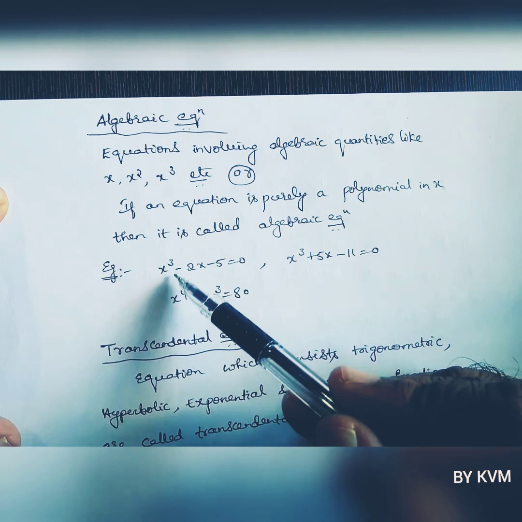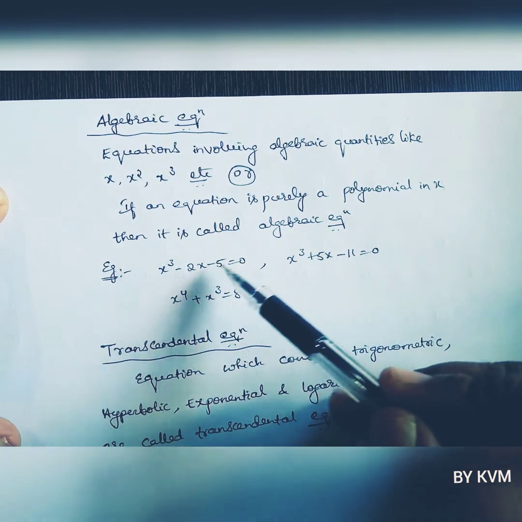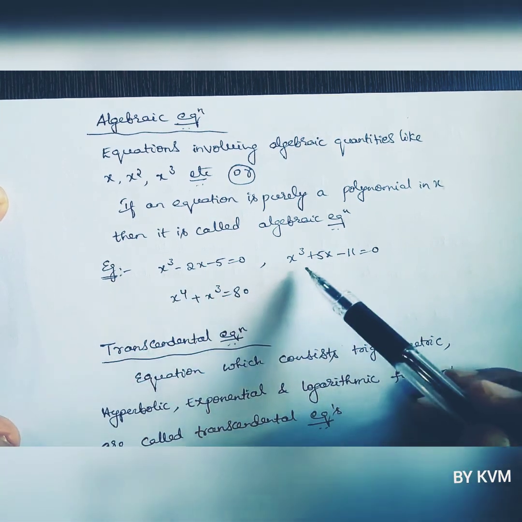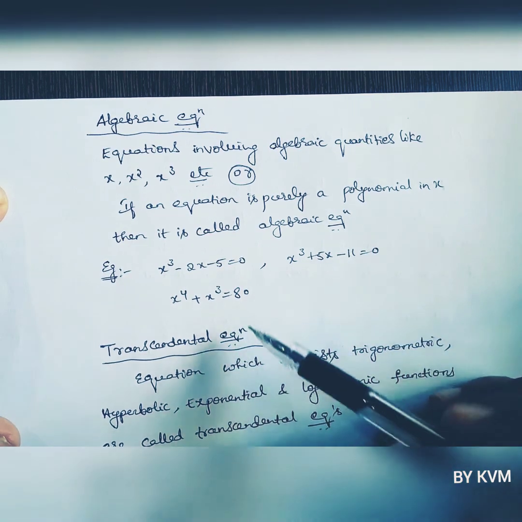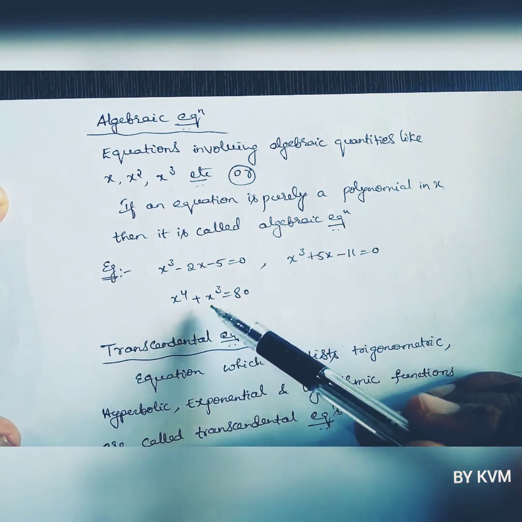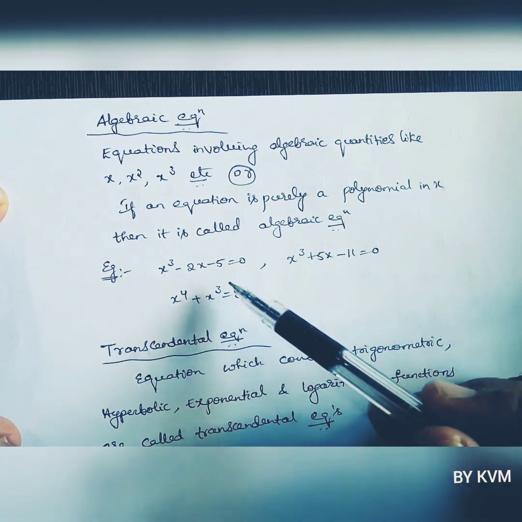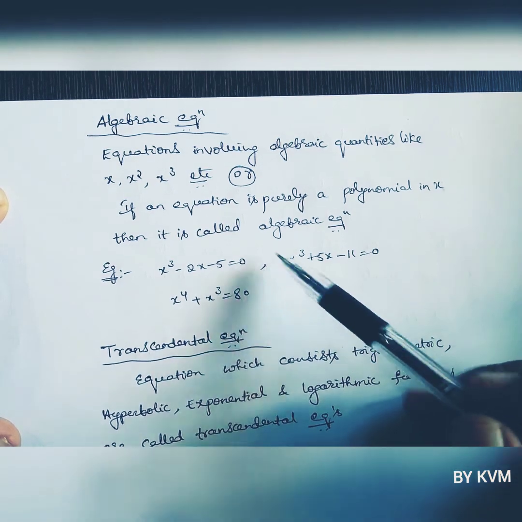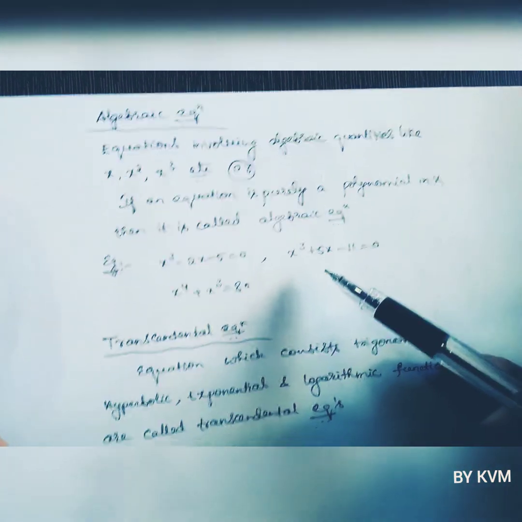For example, x cube minus 2x minus 5 equals 0. This equation contains only the terms of x. The second example is x cube plus 5x minus 11 equals 0. Then x power 4 plus x cube equals 80. All these equations contain only the powers of x. Such equations are called algebraic equations or polynomials in x.